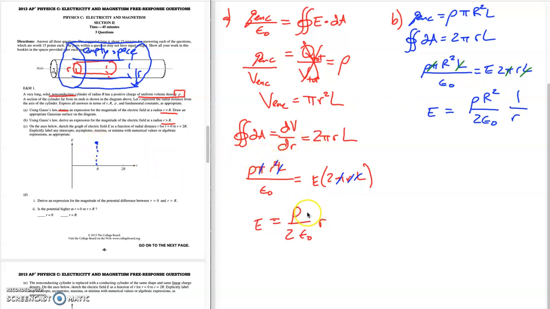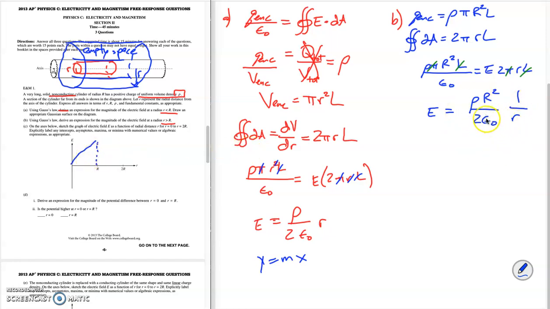Inside, what we have is rho over 2 epsilon naught, that's a constant, and this is our variable. And what we have is y equals mx. This is just a line. Drawing lines on this thing is surprisingly difficult. There you go. That's supposed to be a line.